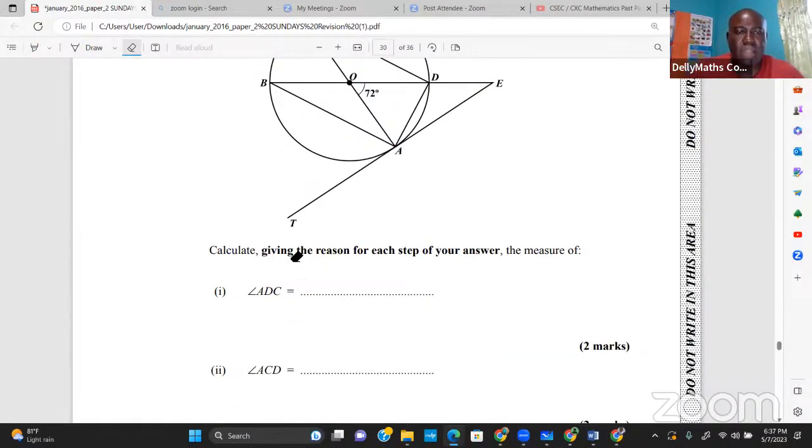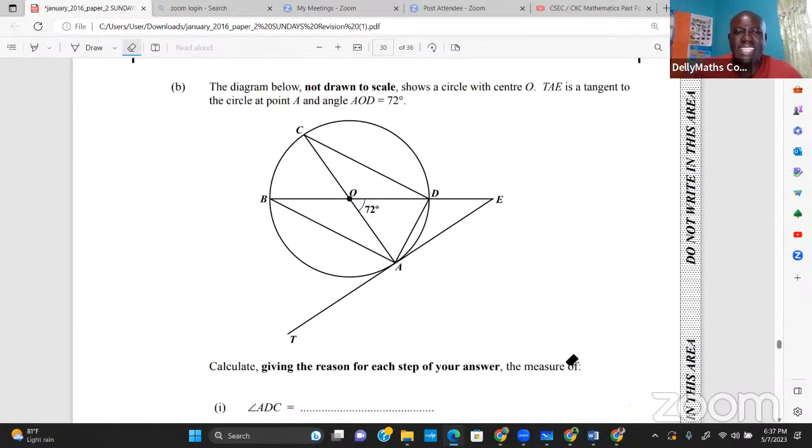The question goes further and says calculate, giving the reason for each step, the measure of ADC. By principle, we mark our angles first. ADC. Where's A? Where's D? Where's C? I would want to mark my angle right here.